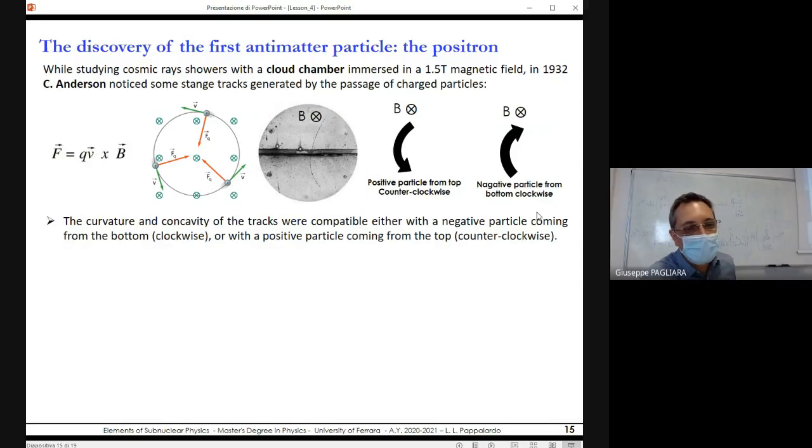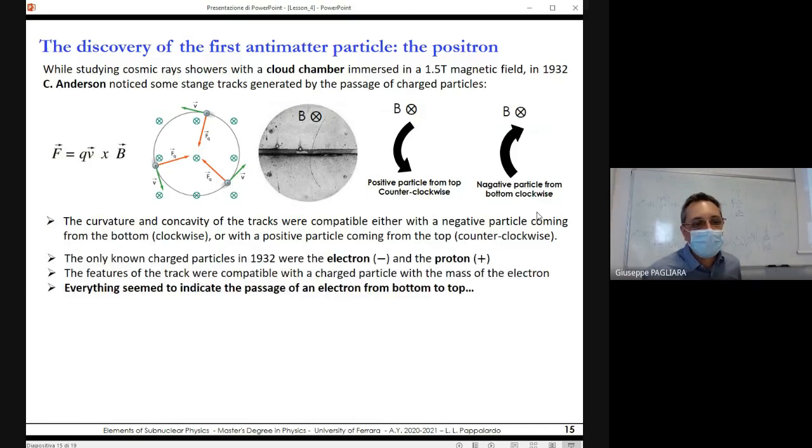Now, the curvature and the concavity of the tracks were indeed compatible either with a negative particle coming from the bottom in a clockwise direction, or with a positive particle coming from the top counterclockwise. At that time, 1932, the only known charged particles were the electron and the proton. All the rest was discovered, of course, later.